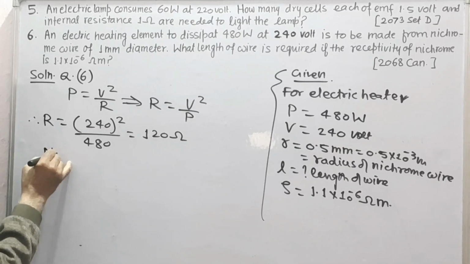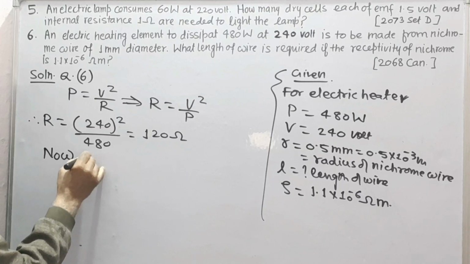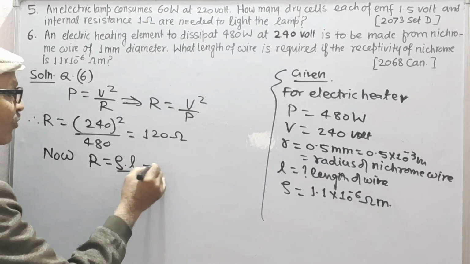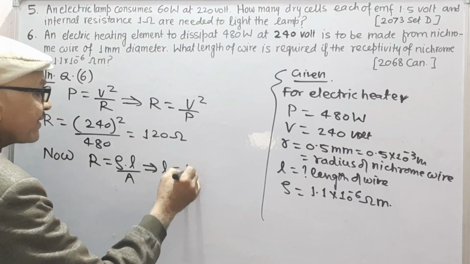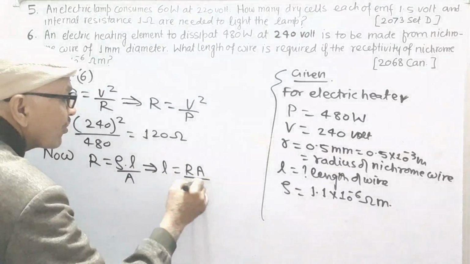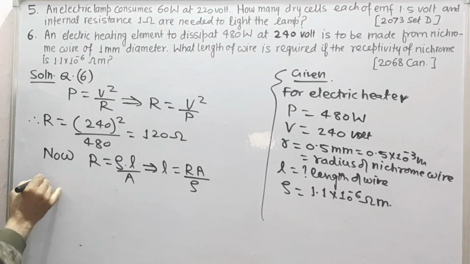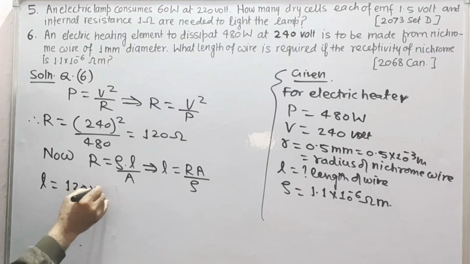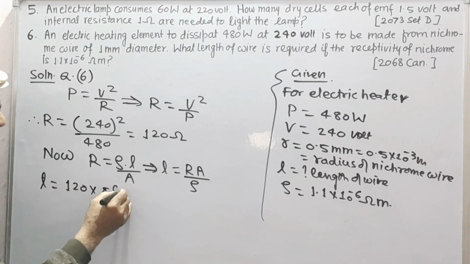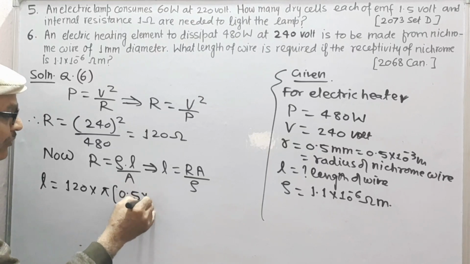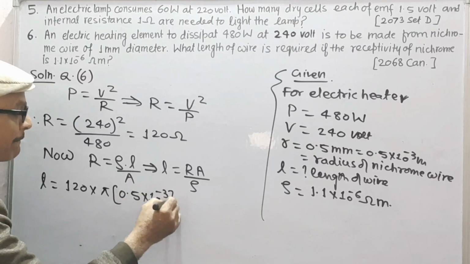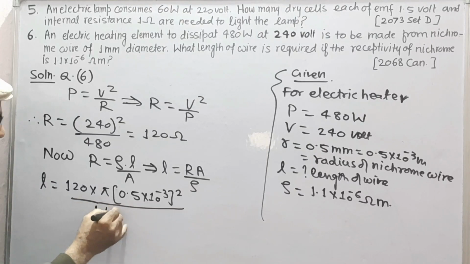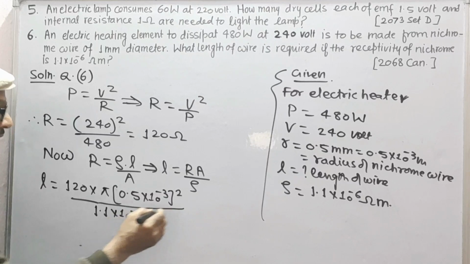Now R is equal to rho L upon A, which gives the required length as R A upon rho. L will be equal to R is 120 ohms, A means pi r square, r is 0.5 into 10 to minus 3, its square, upon rho, which is given to be 1.1 into 10 to minus 6.